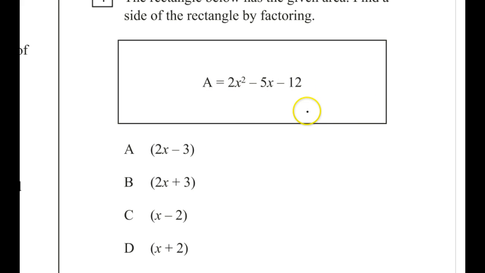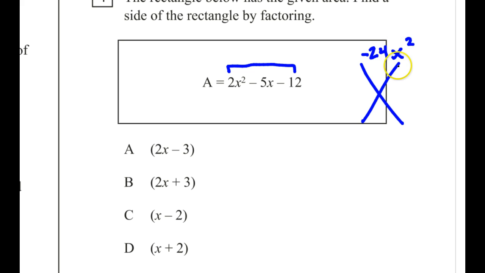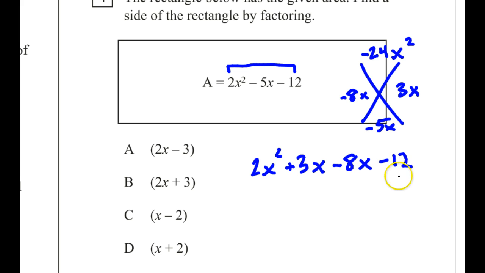GCF, no. Attic basement: what 2 numbers multiply to negative 24x squared and add to negative 5? And you end up with negative 8 and 3. Okay. So we have 2x squared plus 3x minus 8x minus 12.